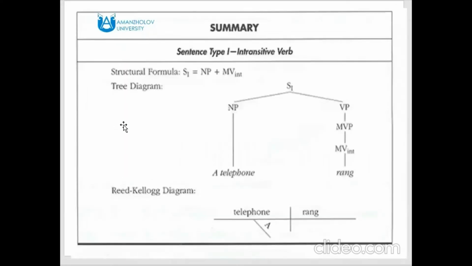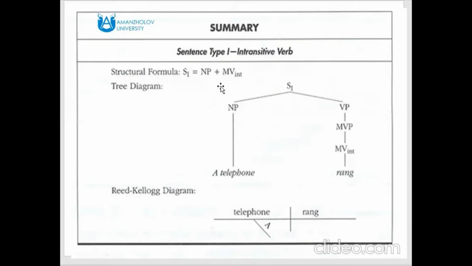The simplest, type 1 sentence consists of a subject followed by a predicate in which there is only one main verb, followed by an optional adverb phrase. The technical name of the type of verb that can stand alone in the verb phrase and function as the entire predicate is intransitive.